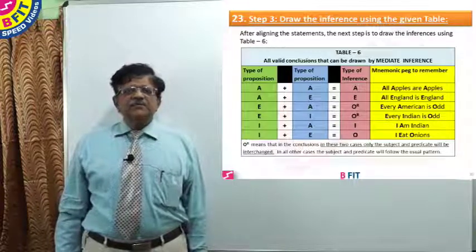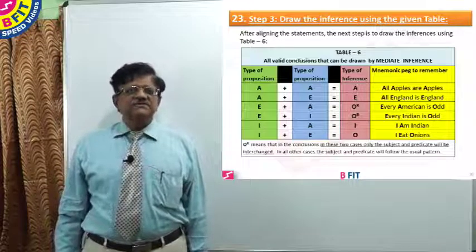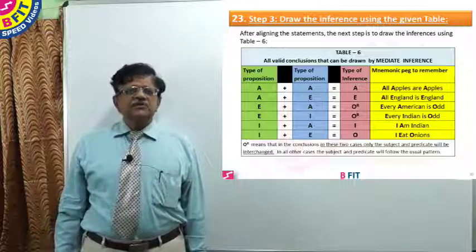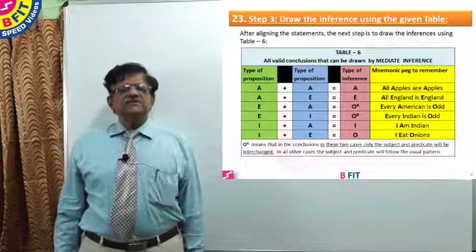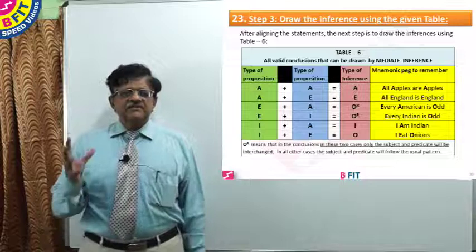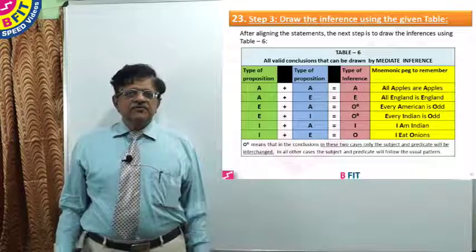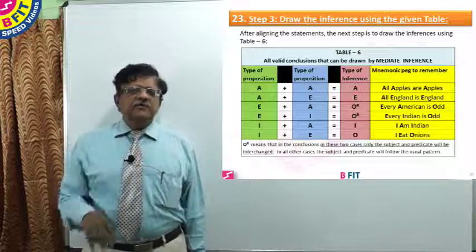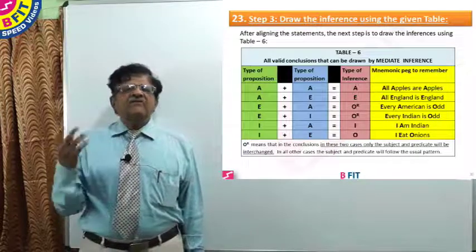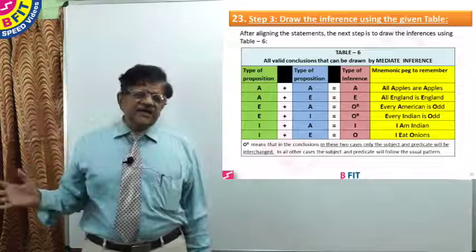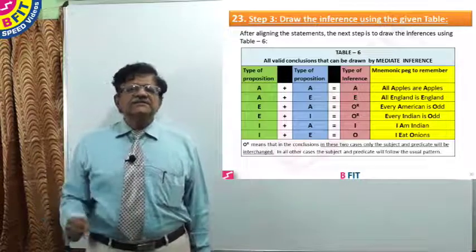E plus I is equal to OR. Again it is O reverse. I plus A is equal to I, I plus E is equal to O. This table must be in your mind. If you can keep this table in your mind, then you can draw all valid inferences, only 6 valid inferences, that's all. Now how to remember these 6 valid inferences?